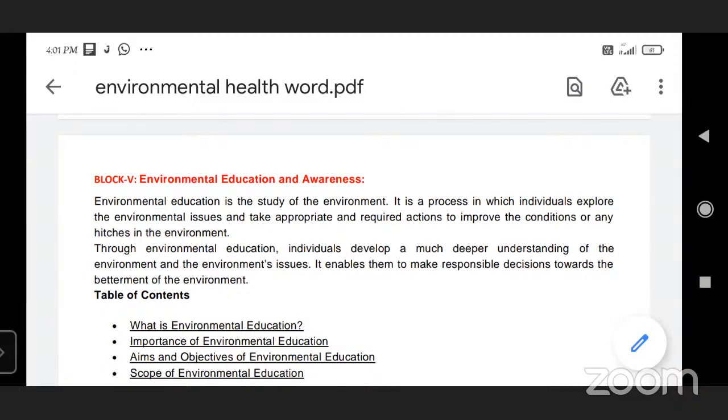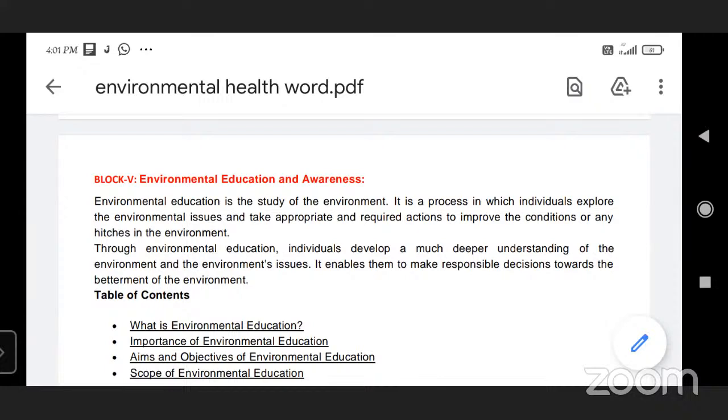Environmental education is very essential to study the environment, to know about the environment, to obtain knowledge of the environment and skills, isn't it? It enables all appropriate individuals to become responsible and to make decisions towards the betterment of the environment.